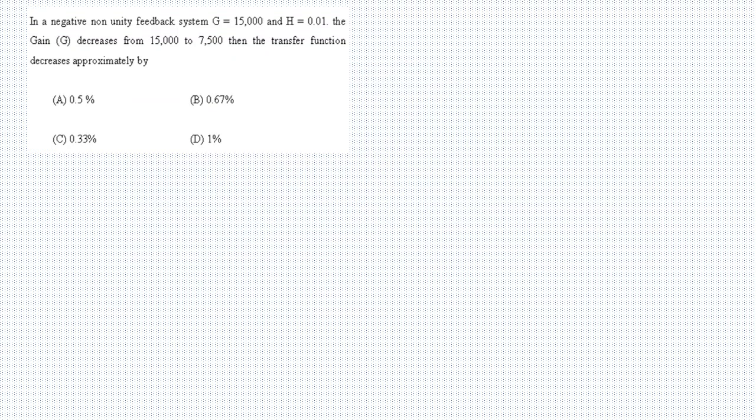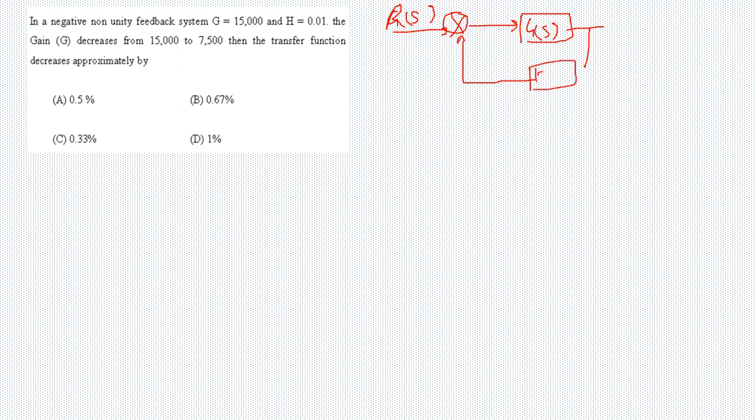Let's start. First I will draw the basic control system diagram, where this is G(s), the forward path, and this is the feedback H(s), and this is the output Y(s).